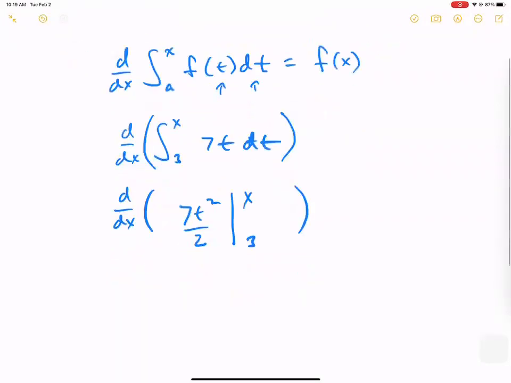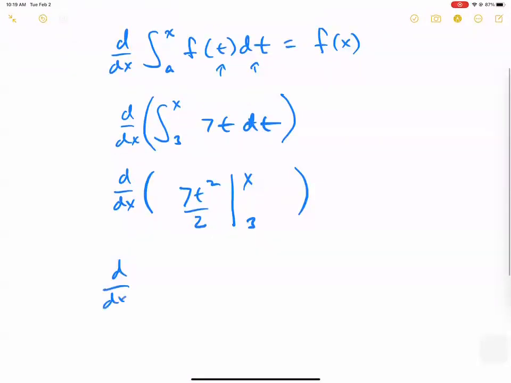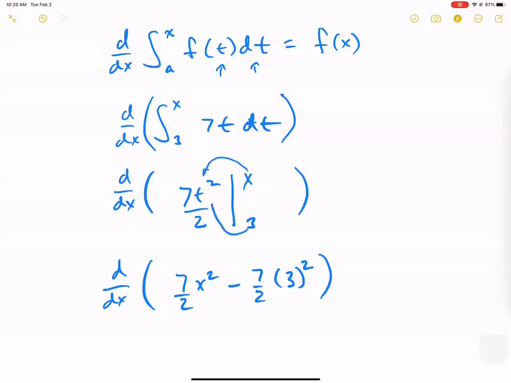And then if I plug it in, we're still taking the derivative of it. T becomes x: 7 over 2 x squared minus 7 over 2 of 3 squared. Is that kind of on board here? What I did was I just plugged in the x and the 3, right? F of b minus f of a.